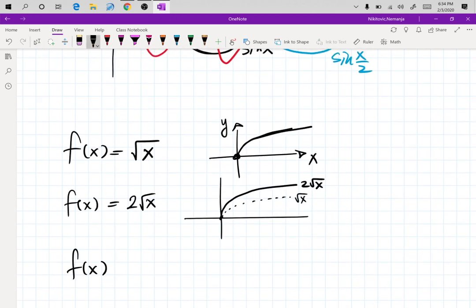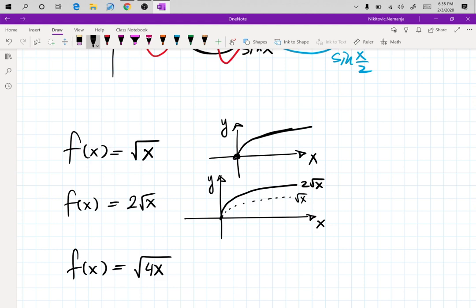Now, f of x equals square root of 4x. What is that going to do? No, that would be x plus 4.